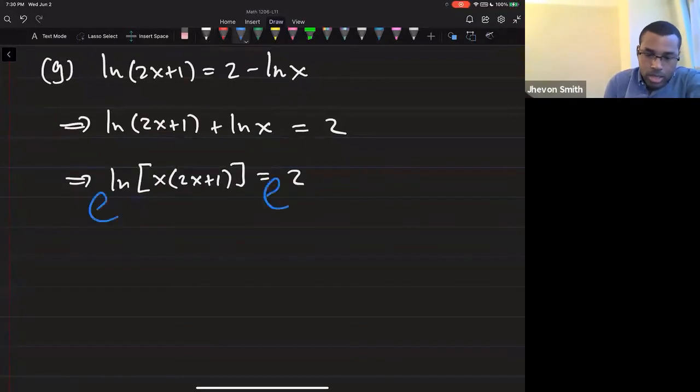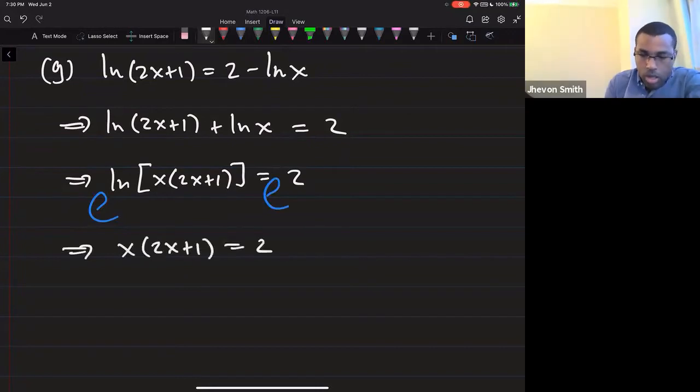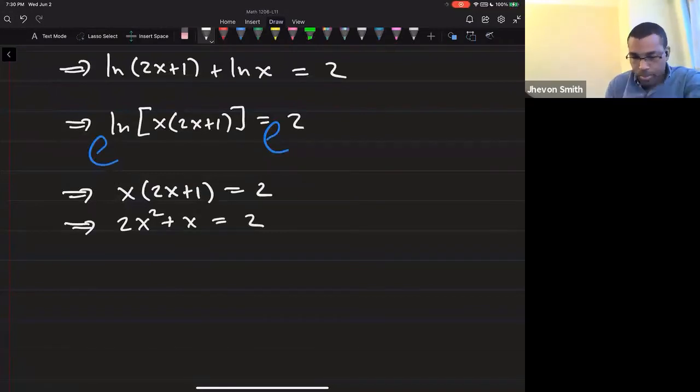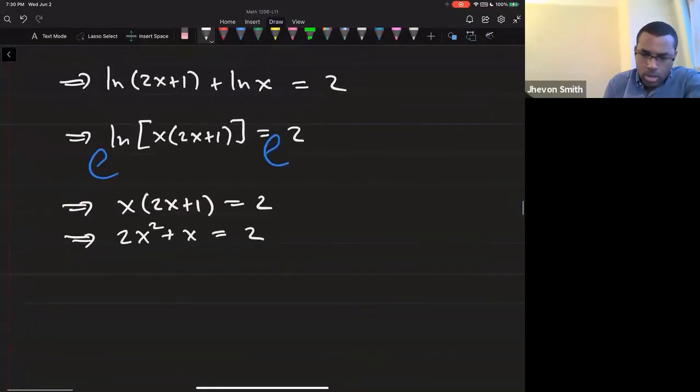Then I can e both sides. Then I would get 2x squared plus x equals e squared.